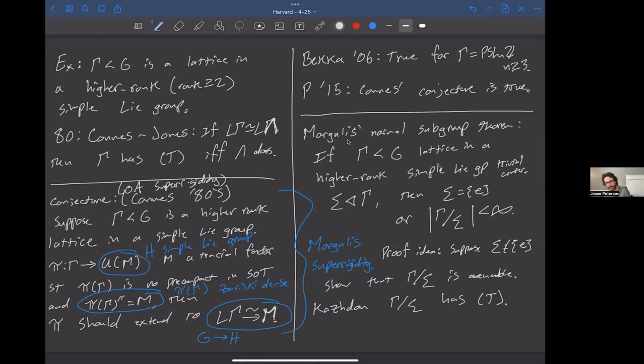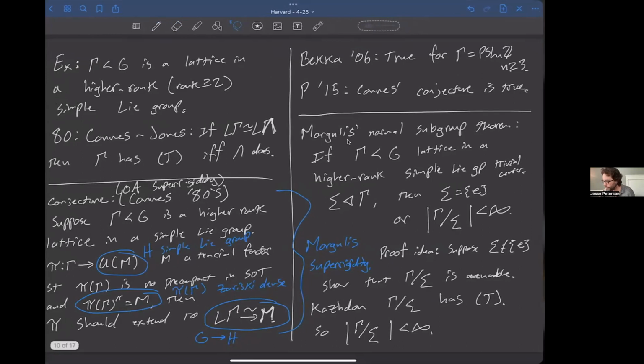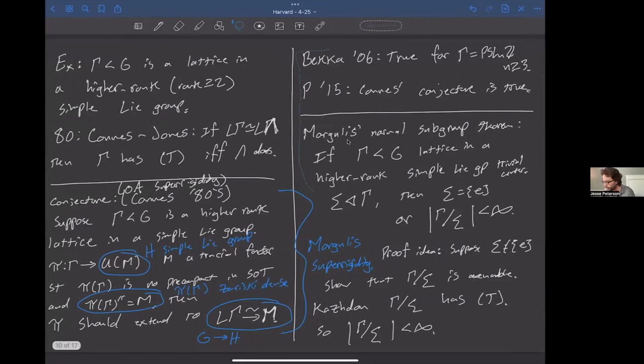Property T says that it has invariant vectors. And if the left regular representation has invariant vectors, it's easy to see that that implies finite. So it's quite remarkable that this strategy actually works.